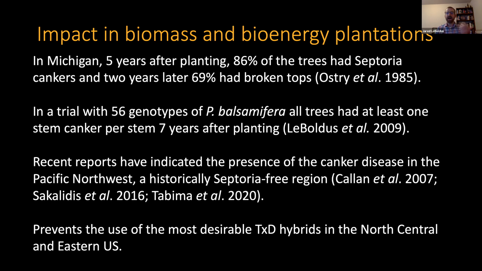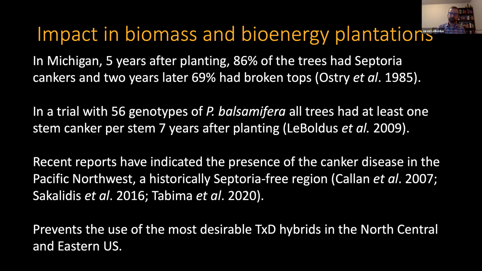And I'm going to come back and talk about some of the new work at the very end, just a couple slides about this. And really the thing to keep in mind here is that most of the really desirable poplar trees, the hybrids that are planted in the north central and eastern United States are susceptible to this disease. And so the real focus has been trying to find resistance and trying to basically limit the spread of this pathogen.